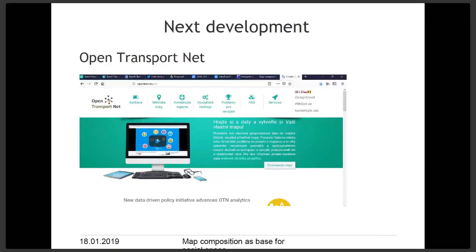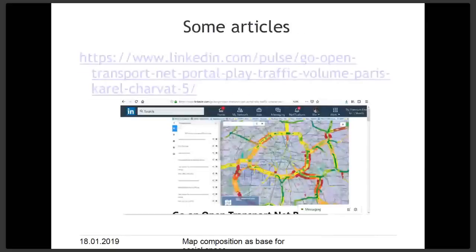I put here a link to a series of articles which I published on LinkedIn, where you can see the list and an explanation of this concept of map composition and working with it in detail.